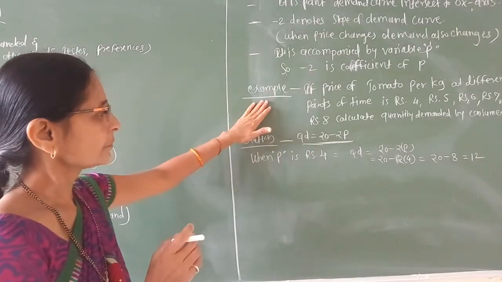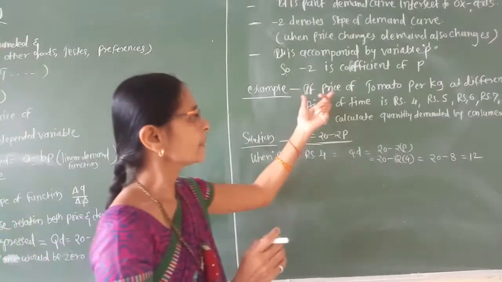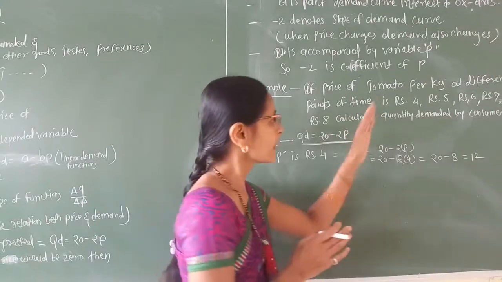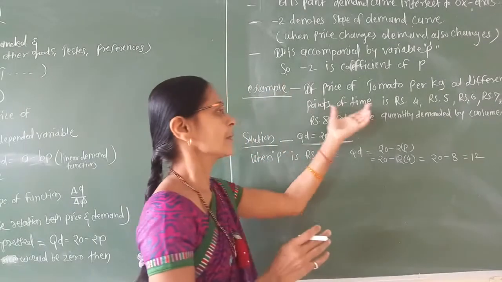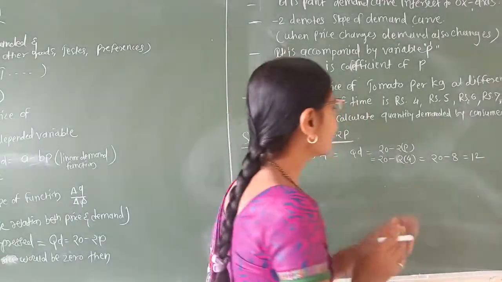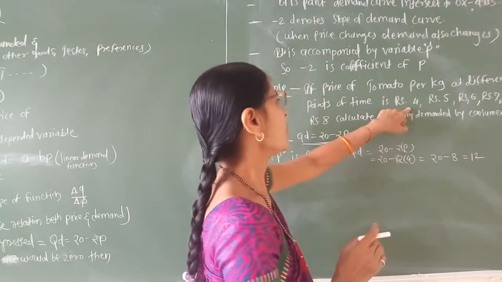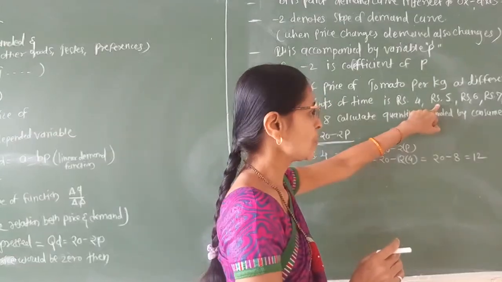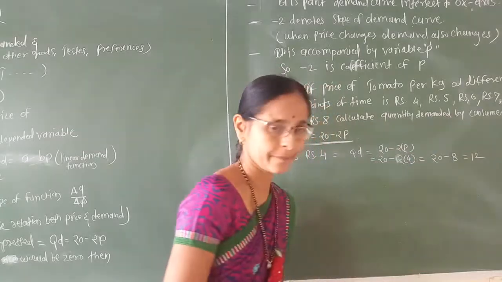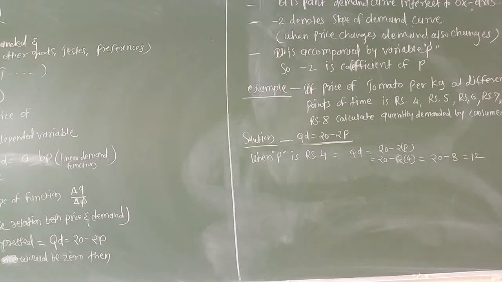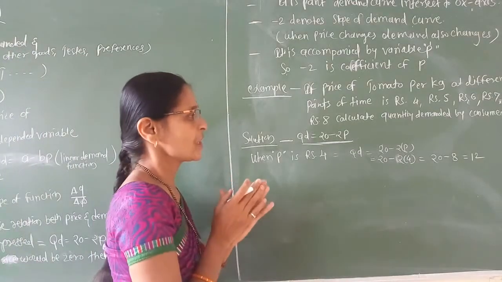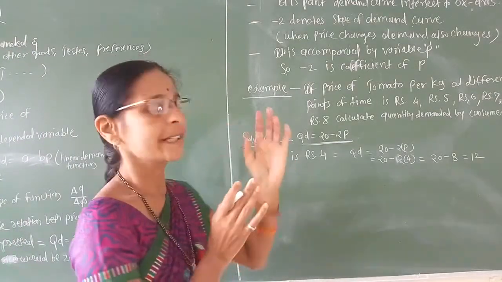Suppose the price of tomato per kg at different points of time is rupees 4, 5, 6, 7 and 8.